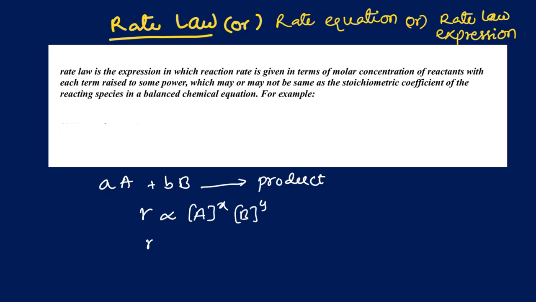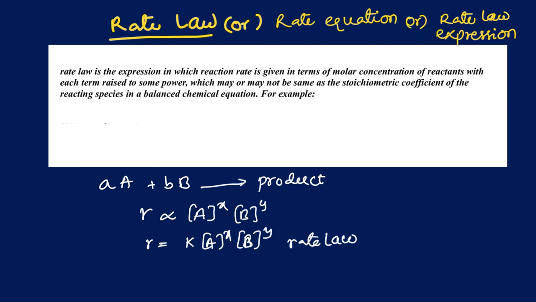Then r is equal to k [A]^x [B]^y. So according to this, it is called the rate law.